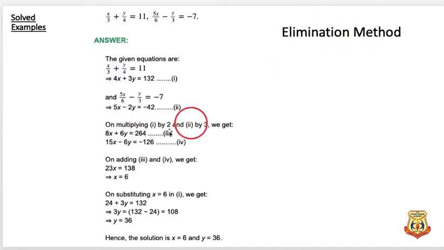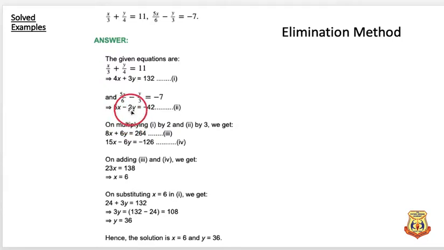As it is the elimination method, we have to make either the x value or the y value the same. Here it is 4x, here it is 5x. And here it is 3y, here it is minus 2y. In this case, we are making the y value the same. So this y value, that is 2, you will multiply with this, and this y value is 3, this you will multiply with this.